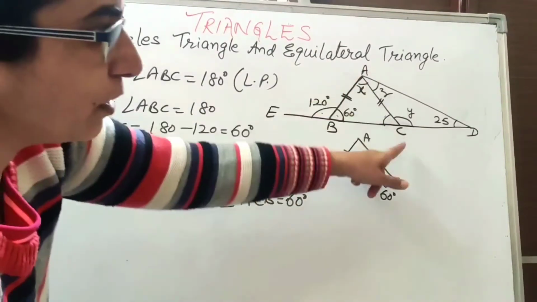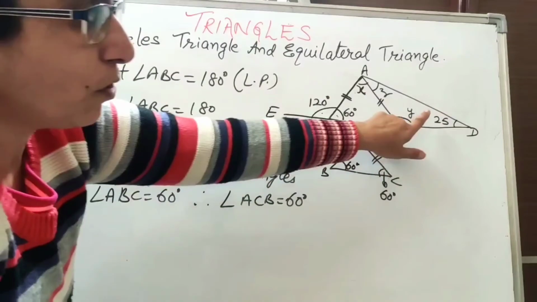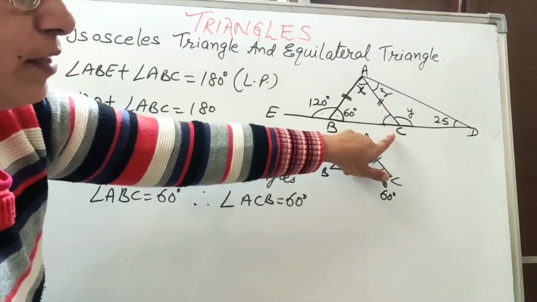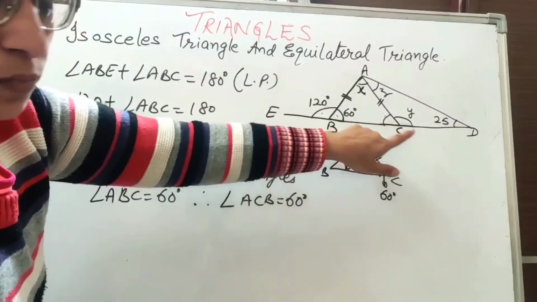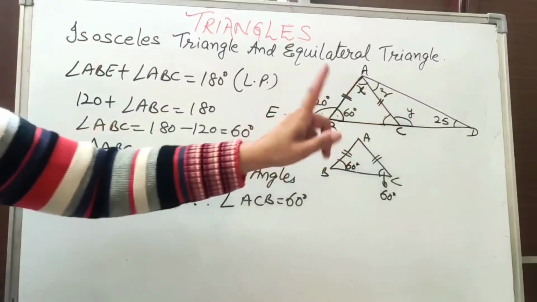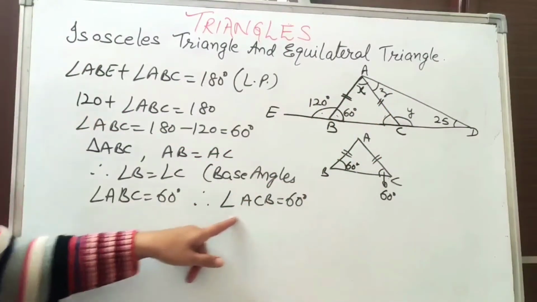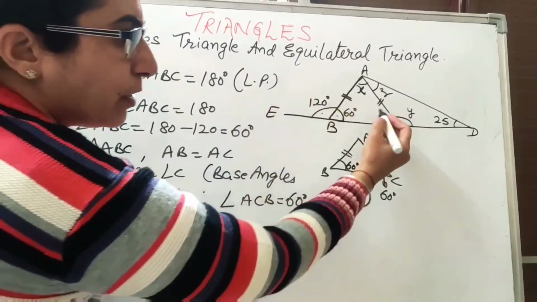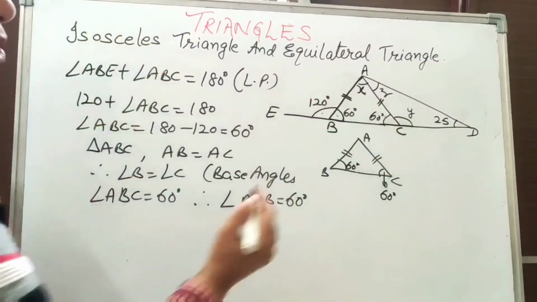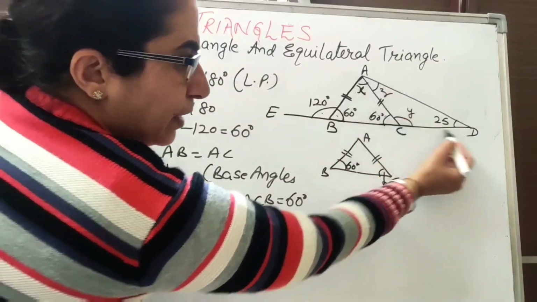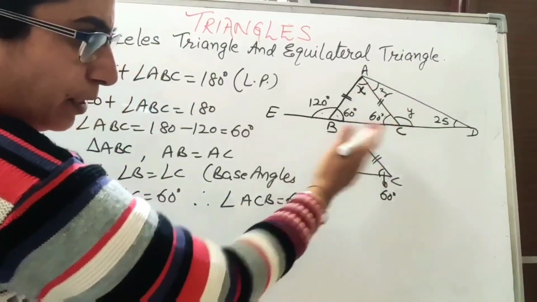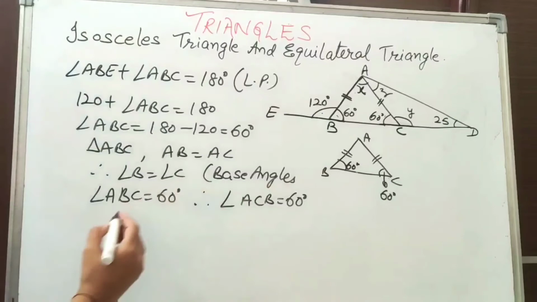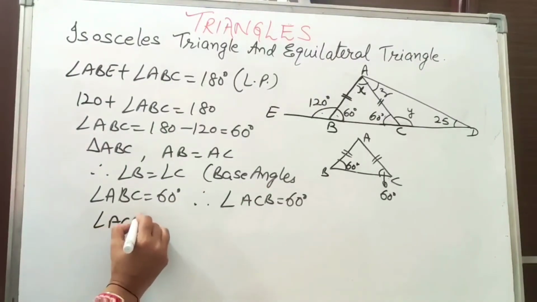I have written ACB because C is also a part of the other triangle. So when one letter is mentioned in two triangles, it is better to write the complete name of that angle. So angle ACB is 60 degrees. Now ACB and ACD again form a linear pair.